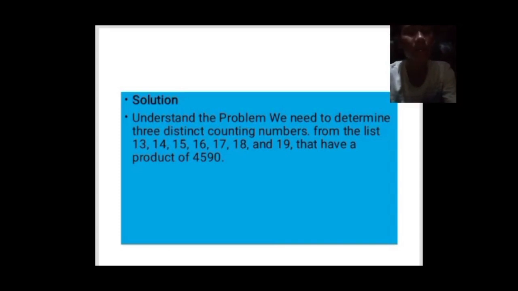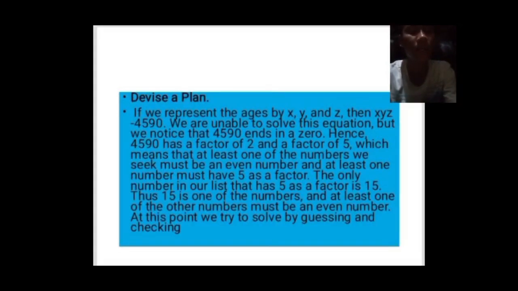Step two, devise a plan. If we represent the ages by x, y, and z, then xyz equals 4590. We are unable to solve this equation, but we notice that 4590 ends in a zero.